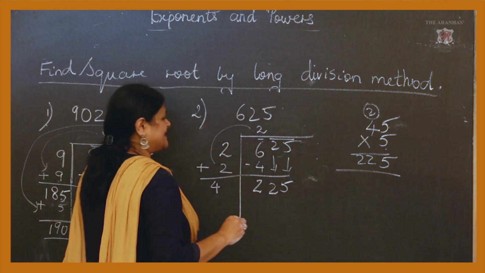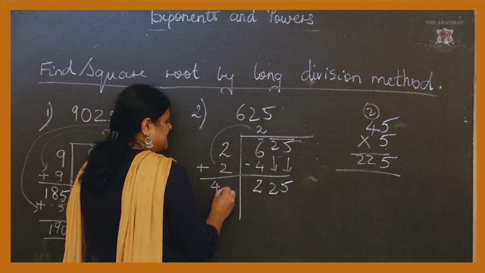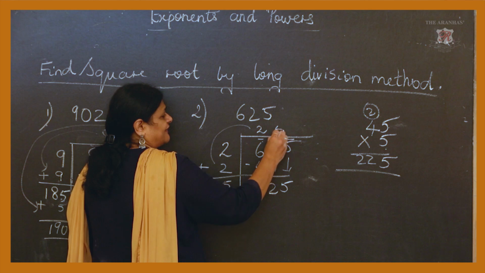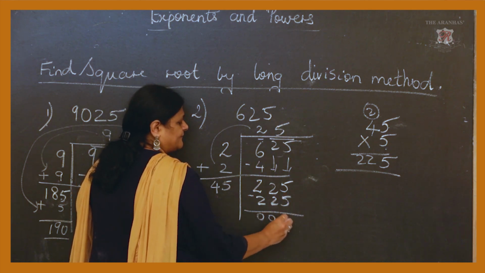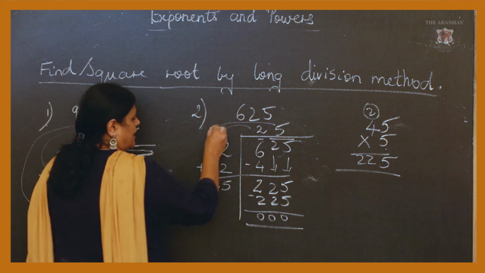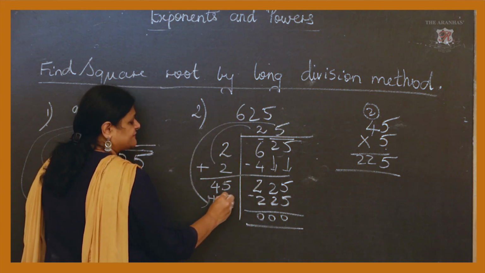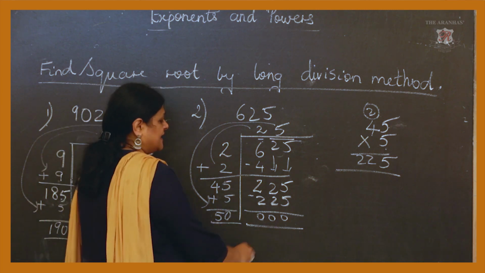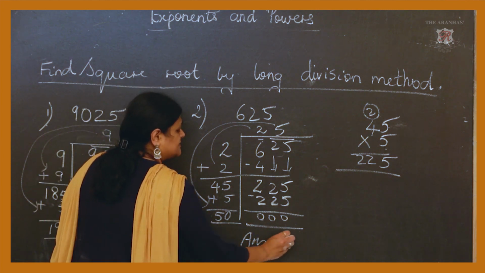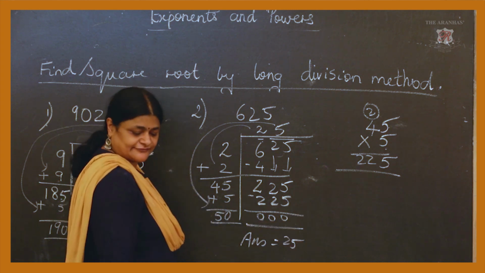See, I am getting 225 over here. That means 45 into 5 will give you 225. So this 5, again you are adding, plus 5 will give you 50. So here your answer is 25.